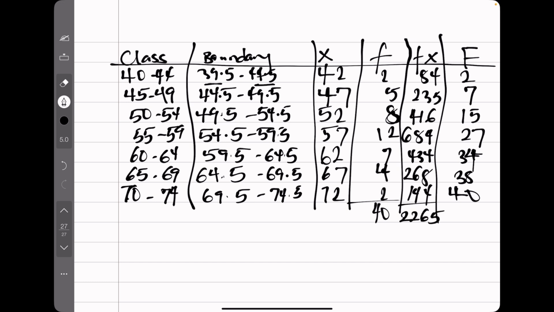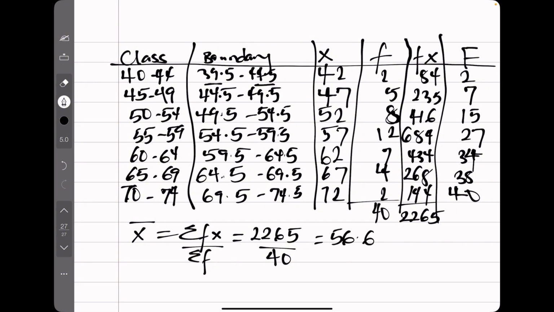To get our mean, as we did the other time, mean is represented as x bar equals summation fx over summation f, which equals 2265 over 40, which equals 6.63.